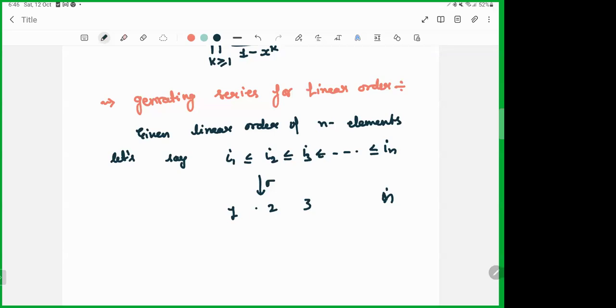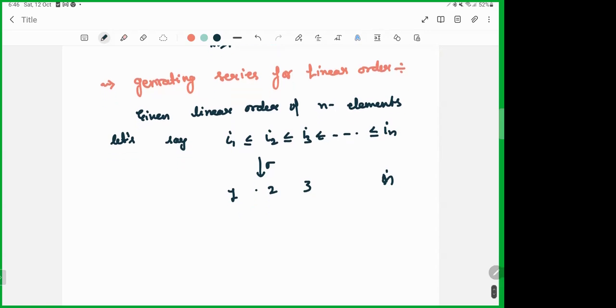Yes, I'm getting it. It makes sense. And we have already computed. So what I'm saying is that under sigma inverse, this will give the linear ordering in that way.